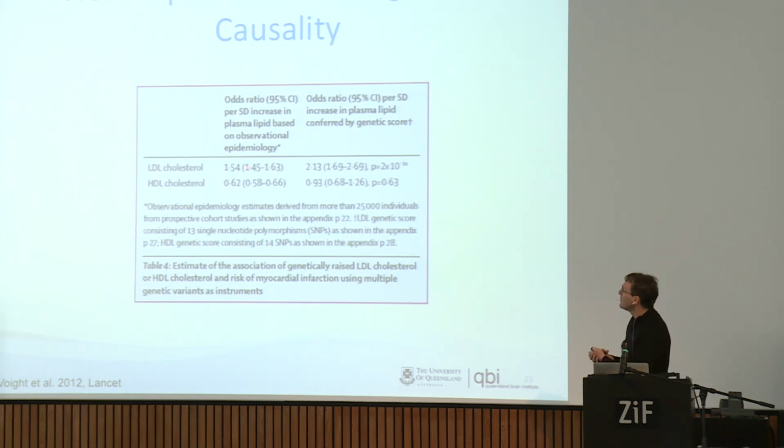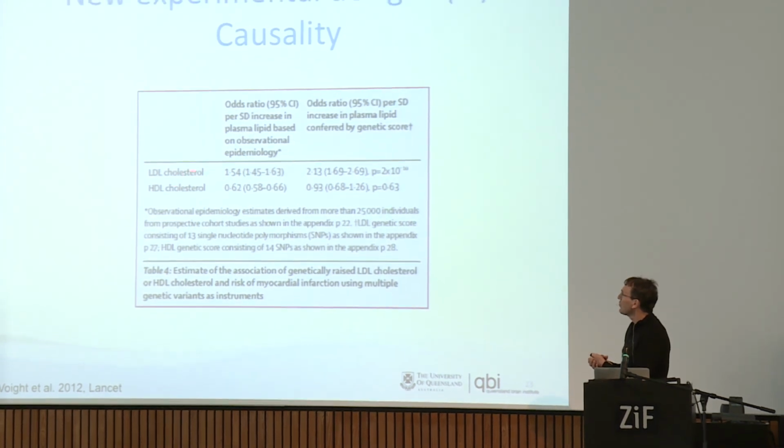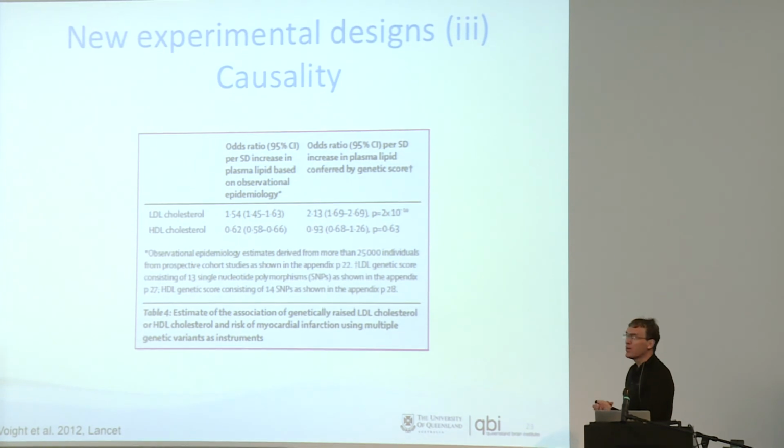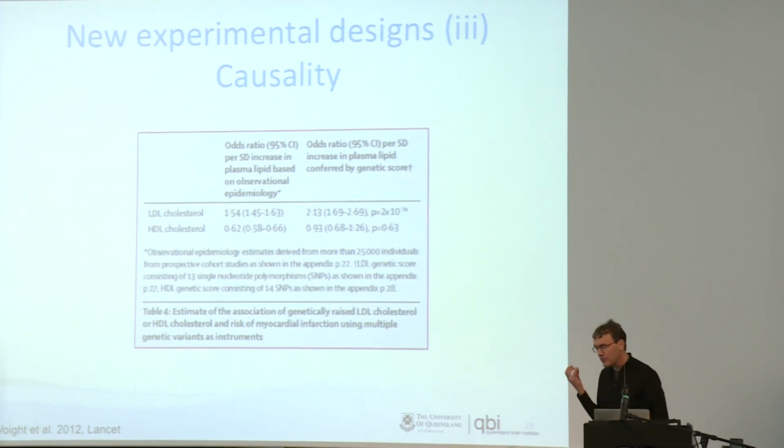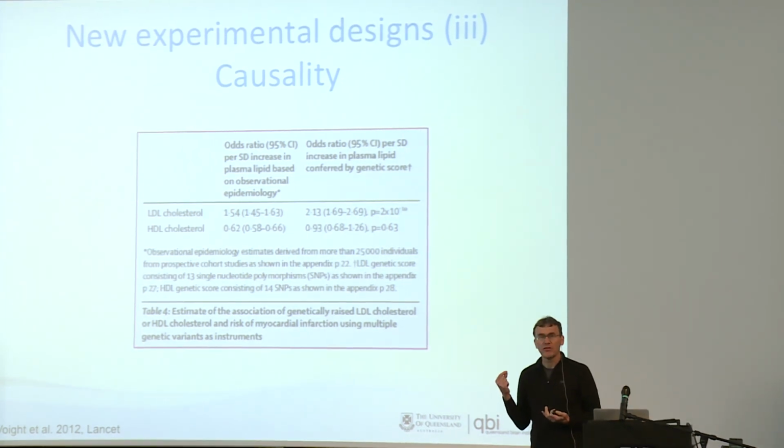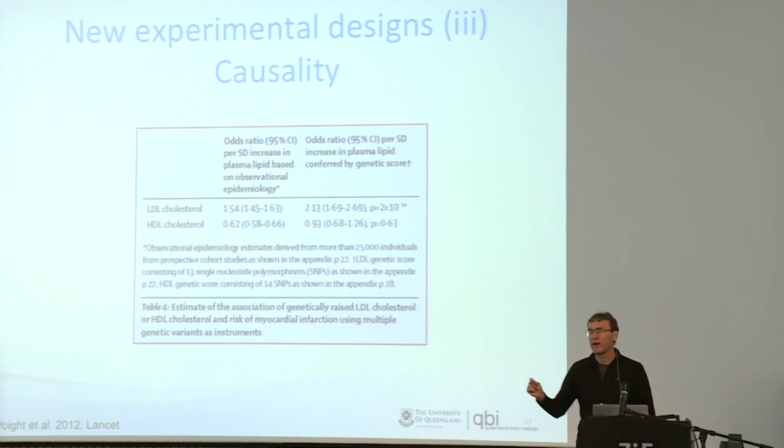So, for example, the observation from observational data is that individuals with higher bad cholesterol have an increased risk of infarction, whereas individuals with higher levels of the good cholesterol have a lower risk. And the question is, are there confounders here, right? Do these particular observations imply that there's a causal mechanism there?